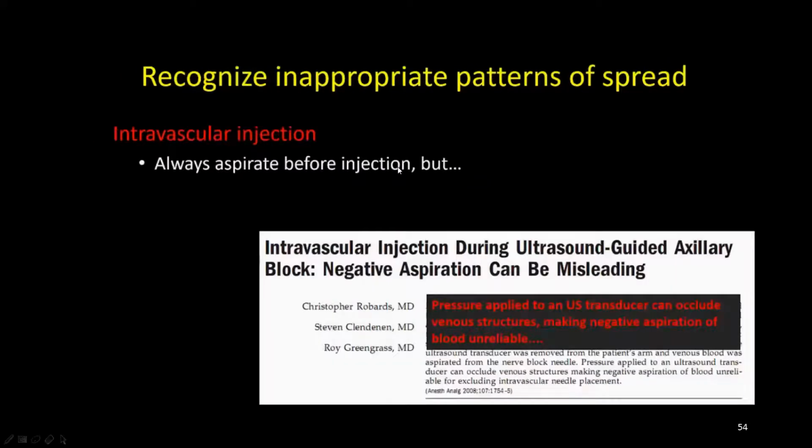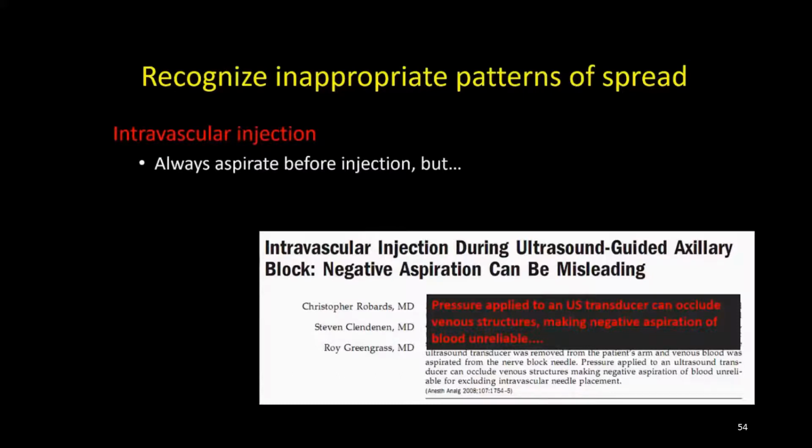So how do we know it is not an intravascular injection? We should always aspirate before the injection, and studies have shown that pressure applied to the ultrasound transducer can occlude the venous structures. So whenever we do a negative aspiration and blood doesn't come, it becomes unreliable.